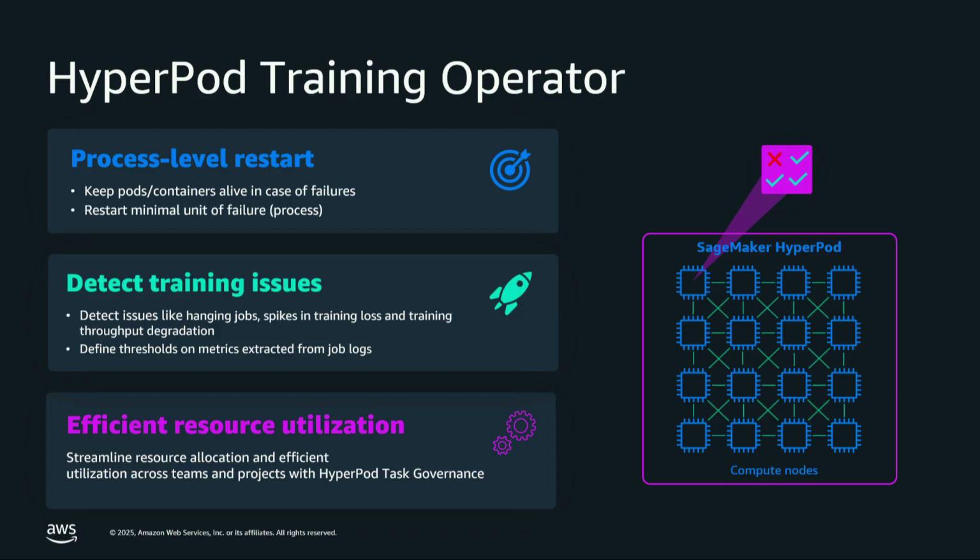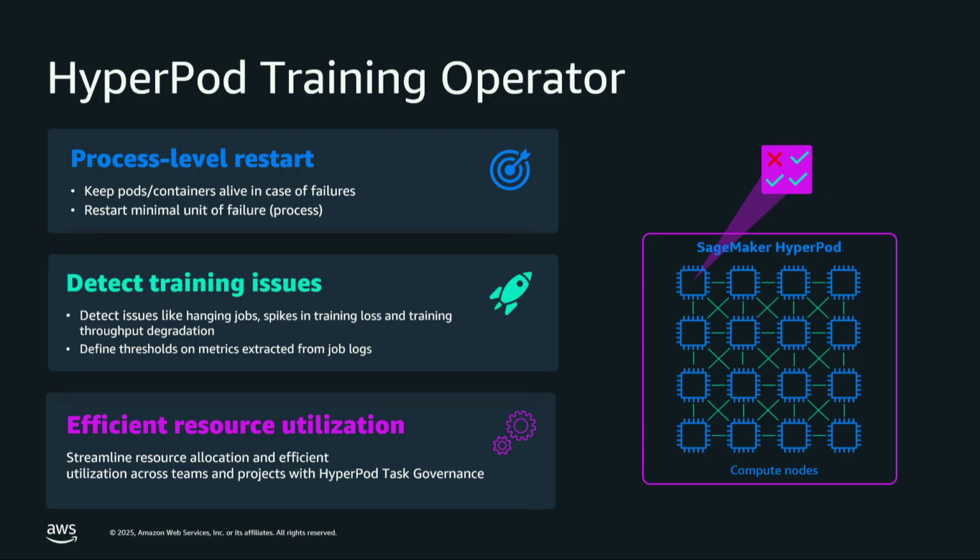For example, you may have encountered issues where the job is stuck, it's not making any progress, or you are coming across a sudden spike in the loss curve, or you have other issues which are preventing the training job from progressing. The operator comes with the ability for you to specify what you want to monitor, and you only need to set up the config and the operator watches your back.